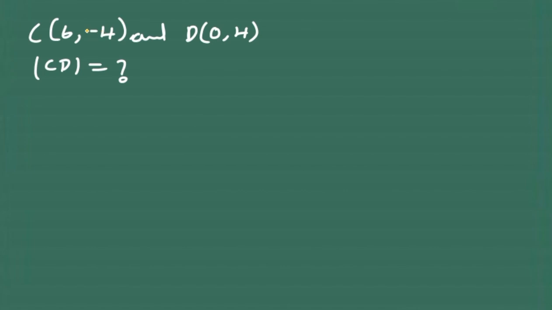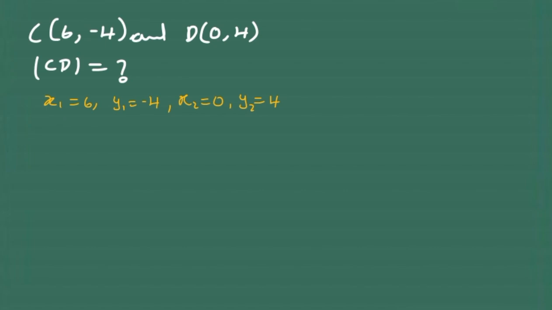The first given point is where we always have our x1 and y1. So from this, we will say that x1 is equal to 6 and y1 is minus 4. So this is the first point, and x2 is 0 and y2 is equal to positive 4.